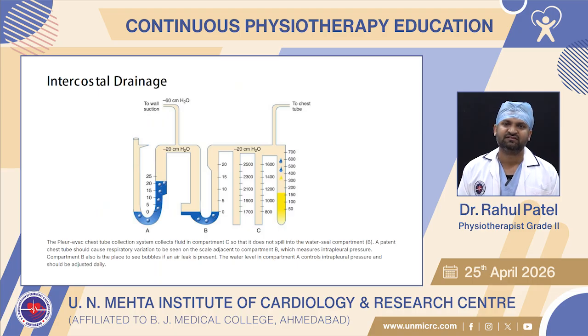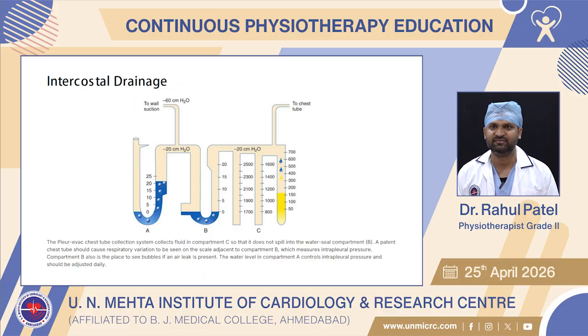Let's see the image. The Pleur-evac chest tube collection system collects the fluid in compartment C so that it does not spill into water seal compartment B. A patent chest tube should cause respiratory variation to be seen on the scale adjacent to compartment B, which measures intrapleural pressure.